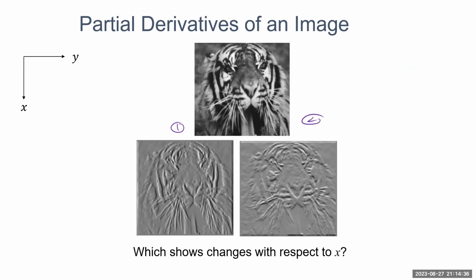So can someone tell me which image shows changes with respect to x? Can someone just drop me a text in the chat box? Remember, we are using this convention, y and x. So the x is this direction, y is this direction.